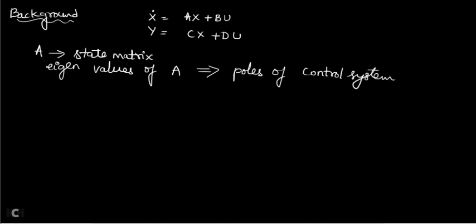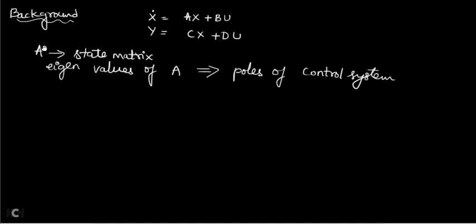If any pole is present on the right hand side, then the control system is an unstable system. So eigenvalues of capital A are nothing but the poles of the control system. So if any eigenvalue is present on the right side of the S-plane, then can I tell that the given control system is an unstable system? Yes.